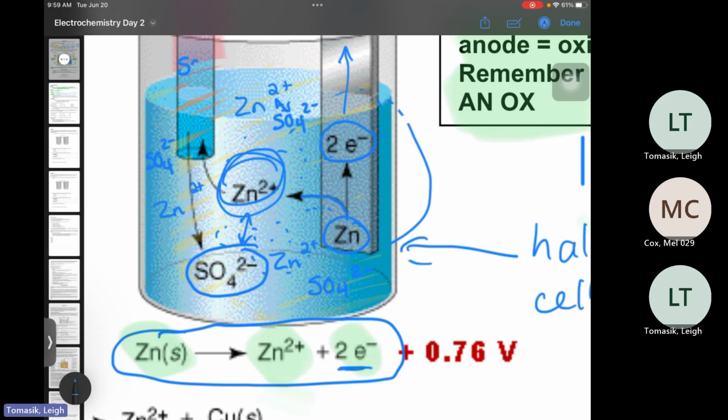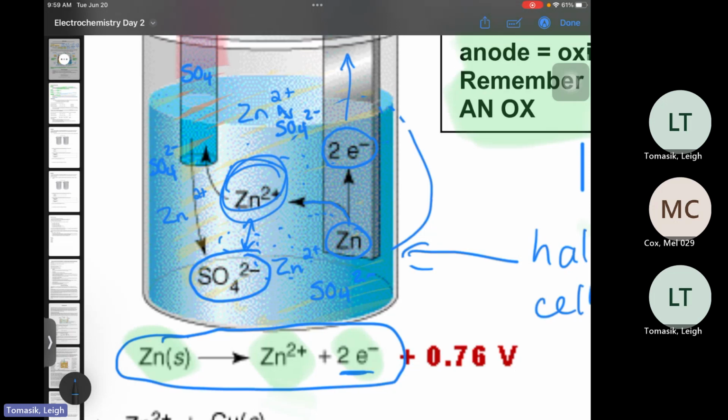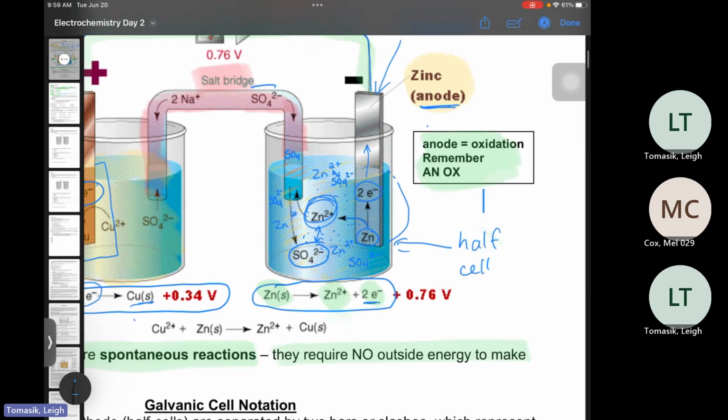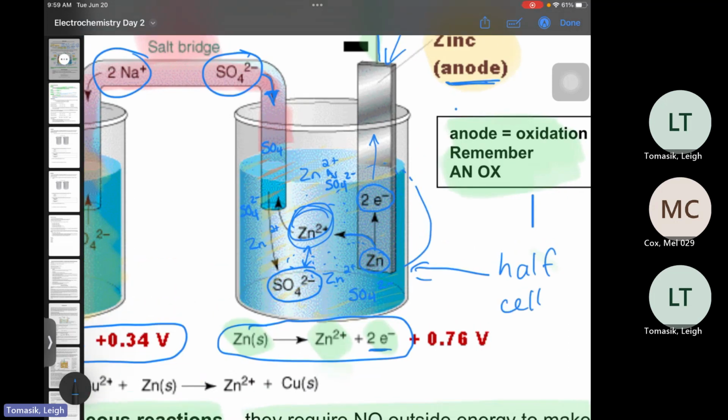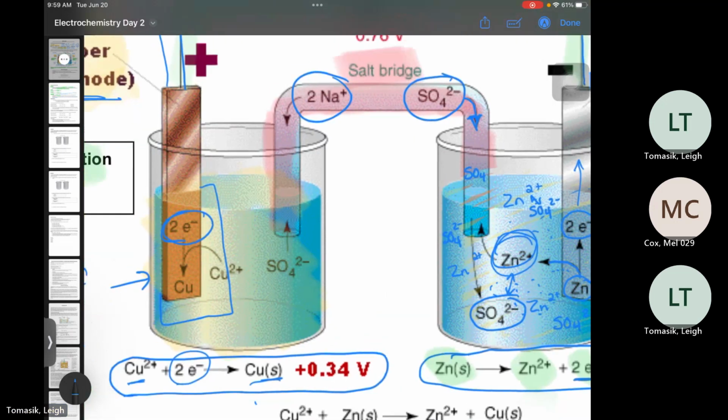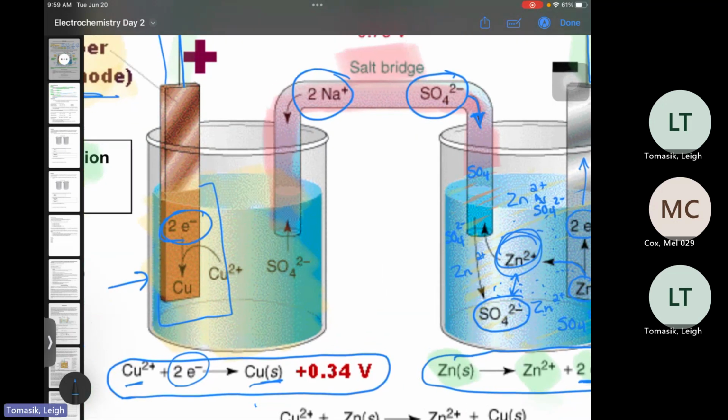In the salt bridge, we have sodium sulfate. The sulfate is always going to go down when we make a new zinc 2+ ion, just so they can neutralize the charge. So for every plus thing, there's going to be a minus thing. And then the same idea with the other side.